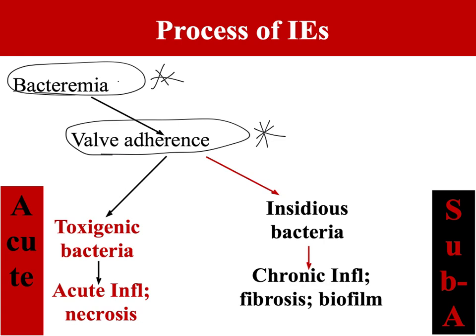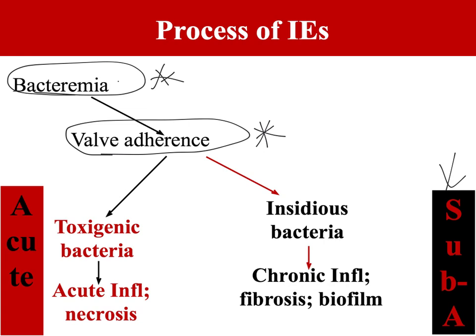Subacute, and I apologize, I'm not sure what happened to my font over here, but subacute, where you have insidious bacteria that are adhering to a valve that are not capable of producing these particular types of toxin, again, you'll see that on the next slide, they're going to lead to a chronic inflammatory response. So obviously it starts as acute, but it's a low-level acute response.